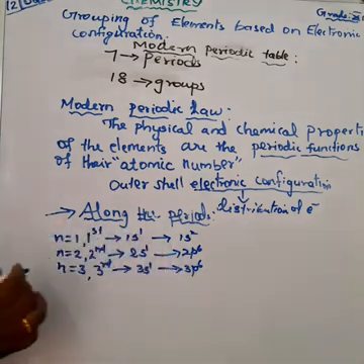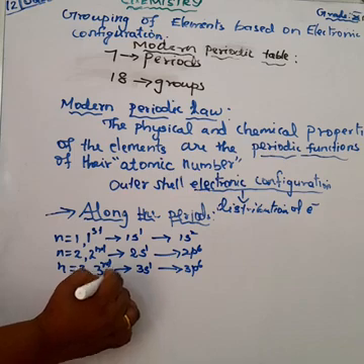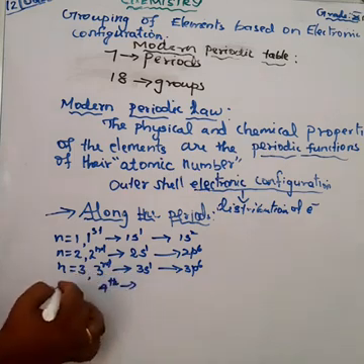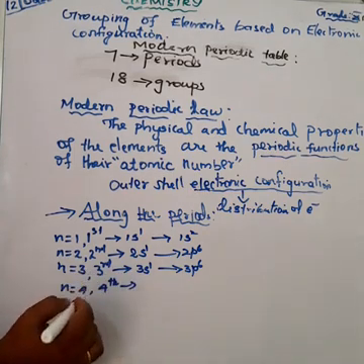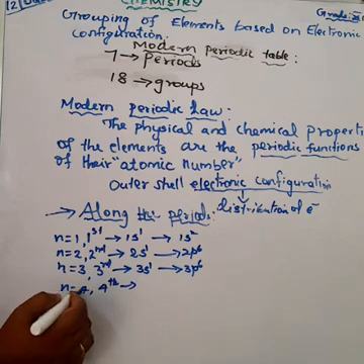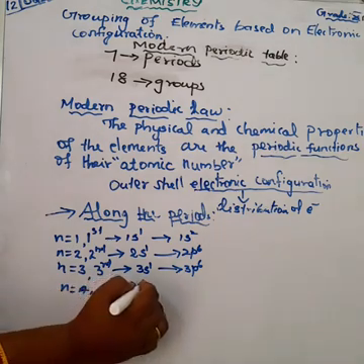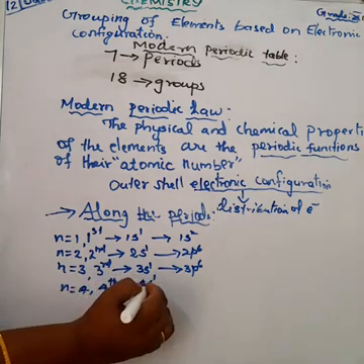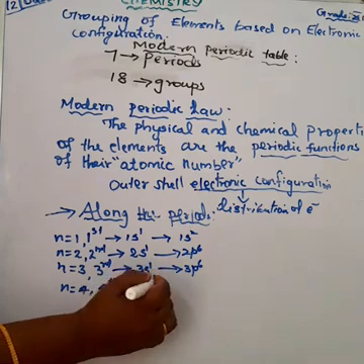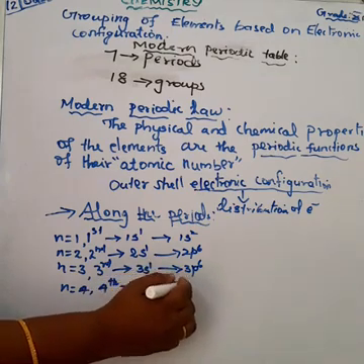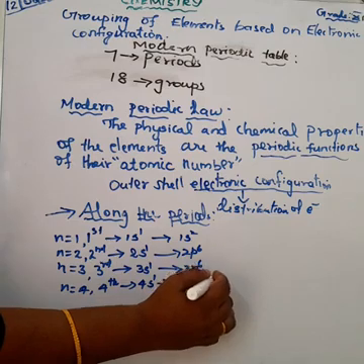Okay, and fourth period, when n is equal to 4, the fourth period starts from 4s1, followed by 3d, and it is completed with 4p6.